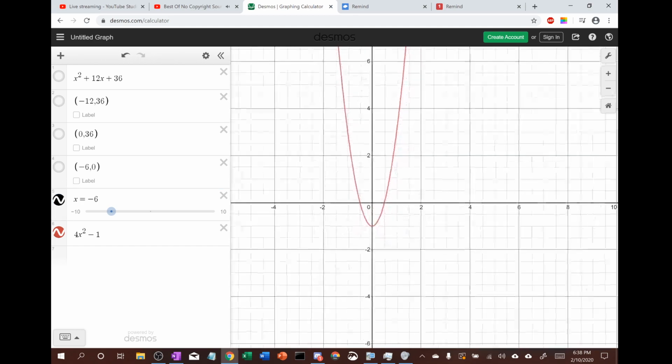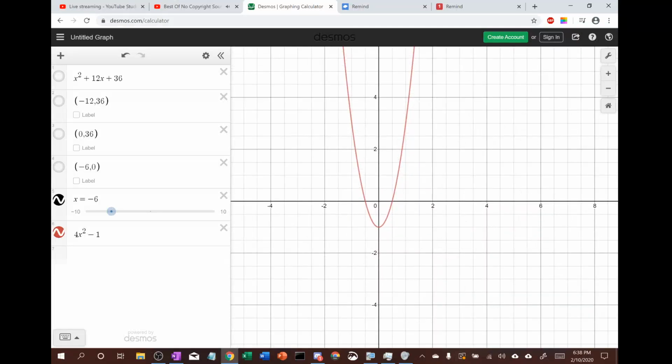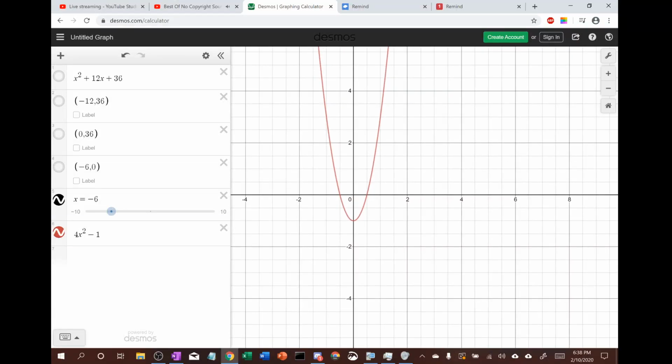So let me wait till this thing shows up. But we're going to have this point down here at 0, comma negative 1. So the lowest y value this thing can ever be is negative 1.